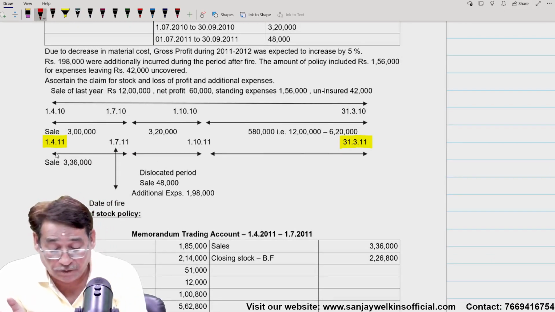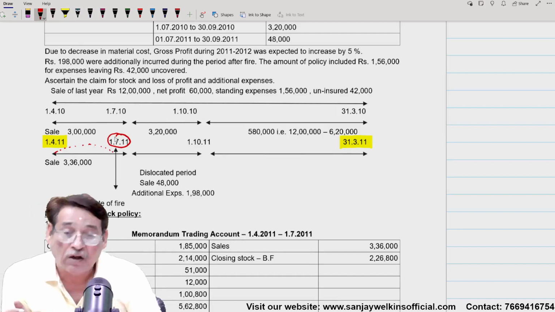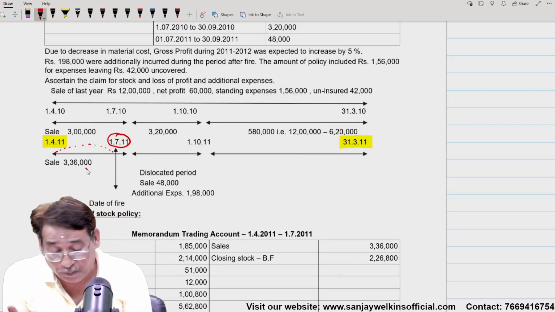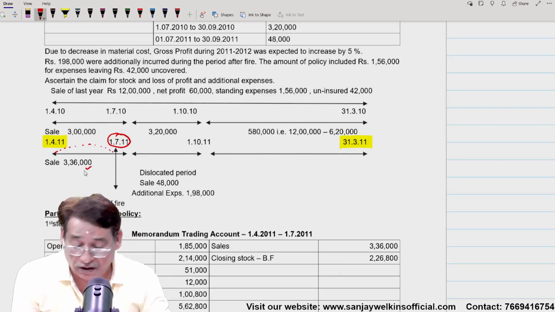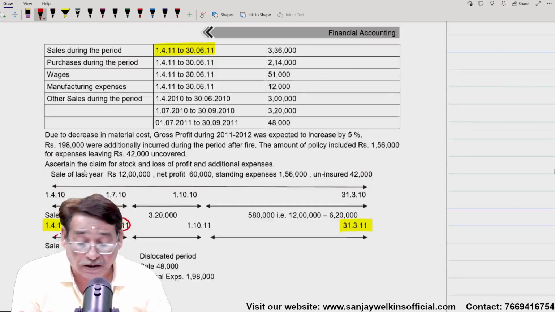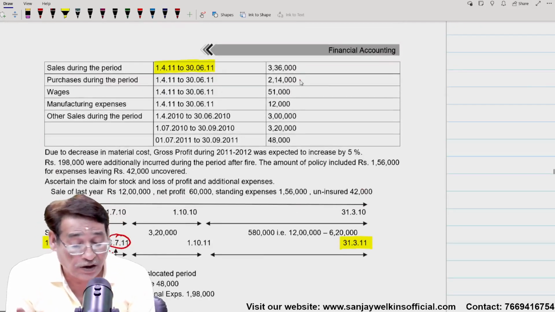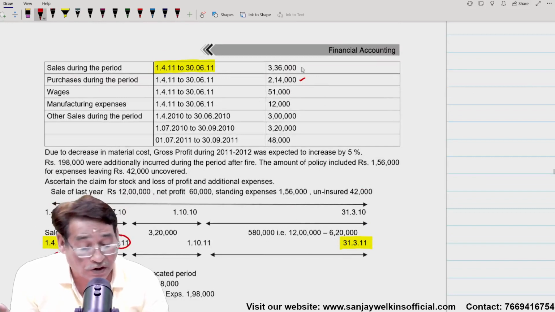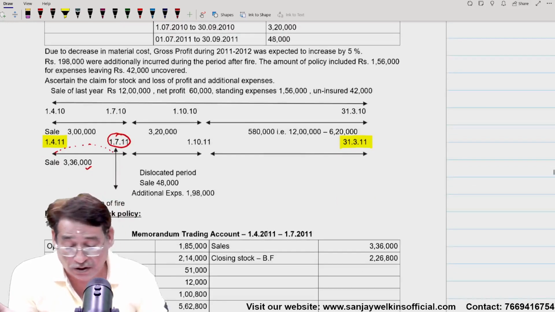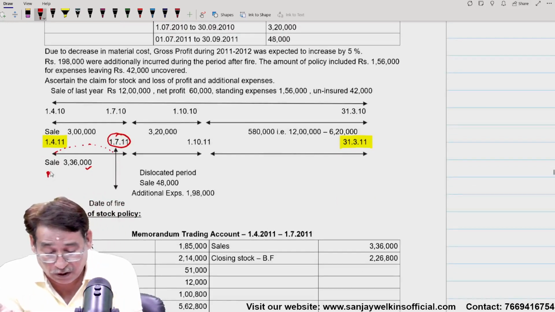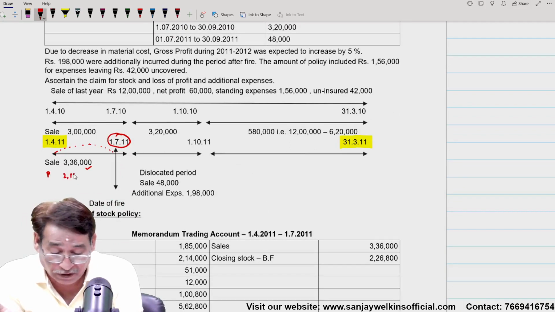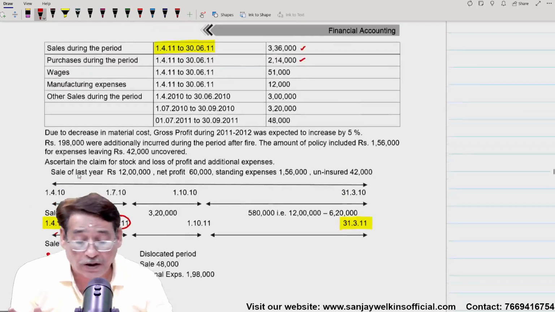From the beginning of the current year till the date of fire, this is the date of fire, correct? So during this particular period, your sales is equal to 3,36,000. In this particular period, it is given. It is also given that during this particular period, your purchases is equal to 2,14,000. Everything is given during this particular period.